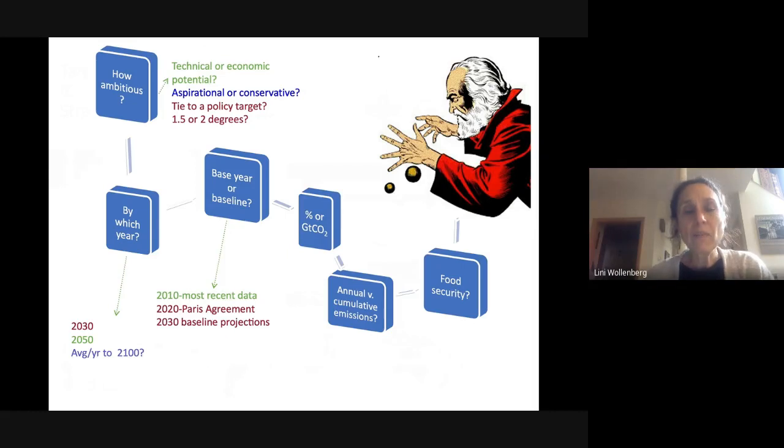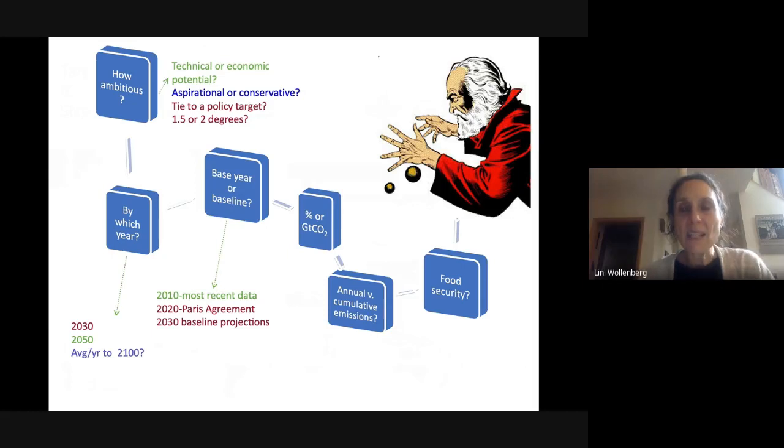But now we have the start of the Paris Agreement, 2020, the implementation of the 2020 Paris Agreement, which I think is also a really good base year to use. And we can also use projections to 2030. So the items in red, if you haven't figured it out yet, are my own preferred recommended parameters to use in this case. But of course, I'm listing all the options for you to consider.